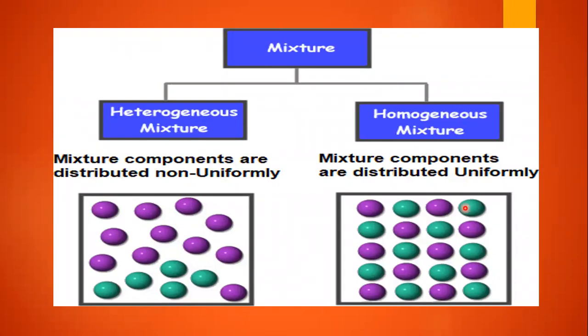That is a homogeneous mixture: the mixture components are distributed uniformly. In a heterogeneous mixture there is no such uniformity, because there is not much time available for air and fuel to mix properly. After some time they will definitely mix with each other, and only after that mixing do we have combustion.